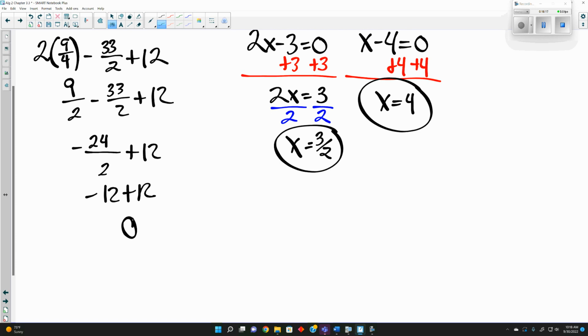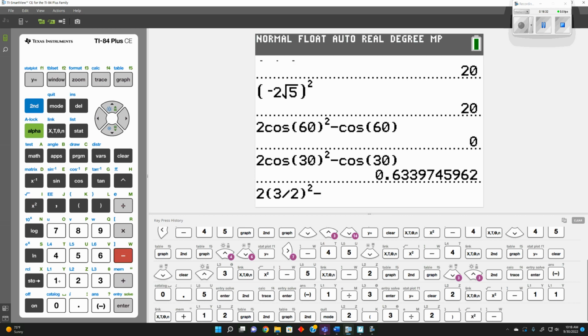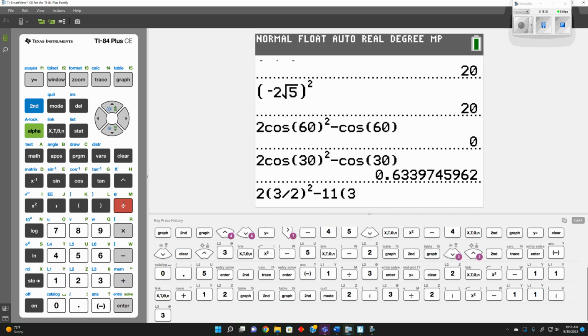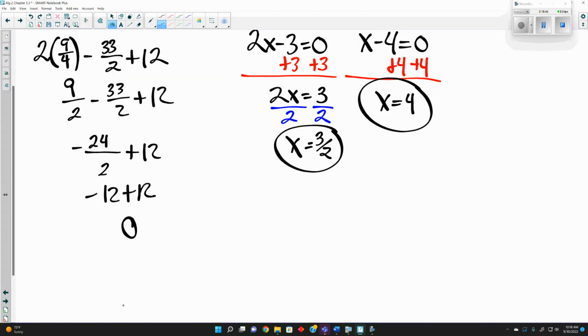So we could type it into the calculator: 2 times 3 divided by 2 squared minus 11 times 3 divided by 2 plus 12. And it gives us 0. Questions on any of this here?